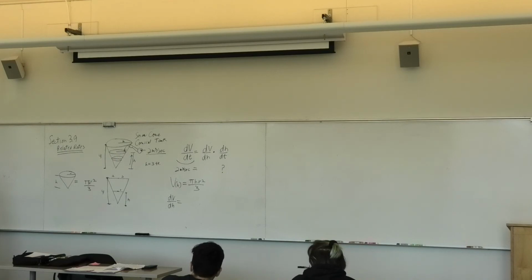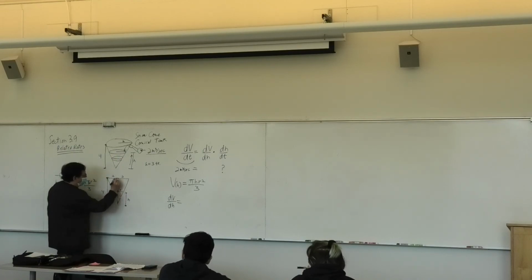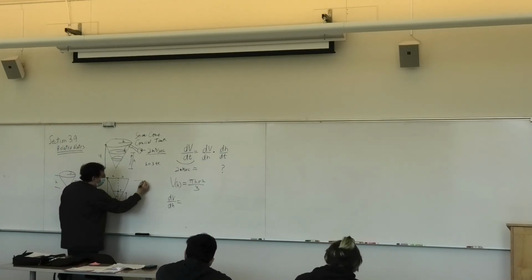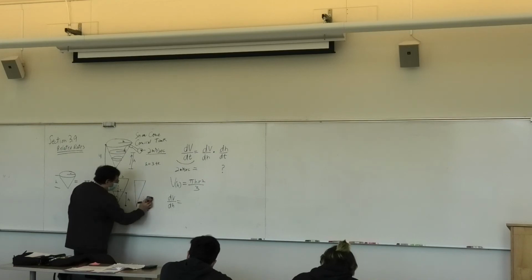Now, this is where everything you forgot becomes a problem, because this is a really easy geometry problem. Where's H? So I have two similar triangles here. There's one, there's another.